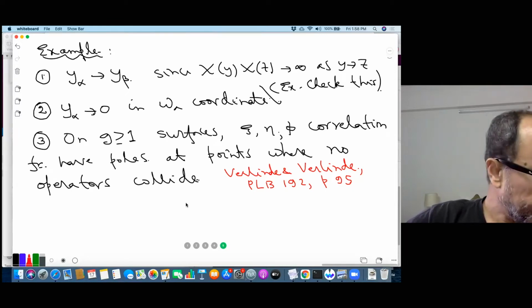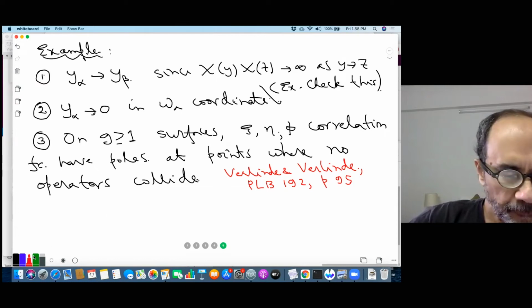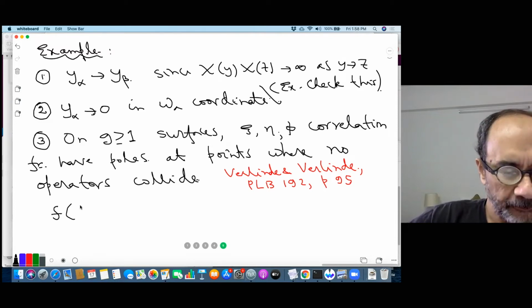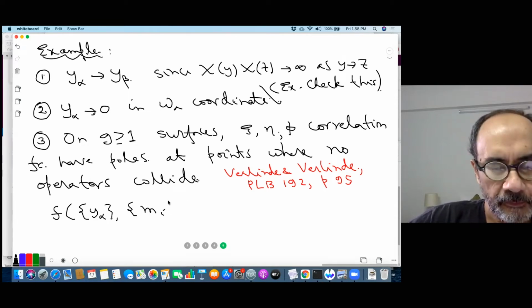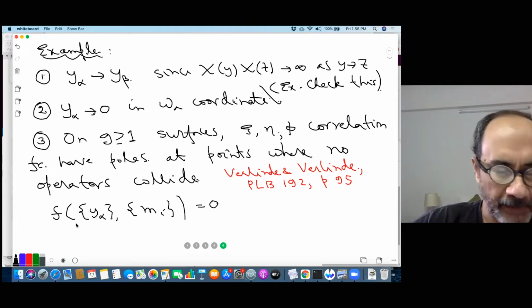The general structure of the places where this happens, for the case of interest, is that there is some functional relationship involving the locations of the PCOs and the moduli. When that vanishes, this happens, and this function is constructed in terms of the higher genus theta functions.